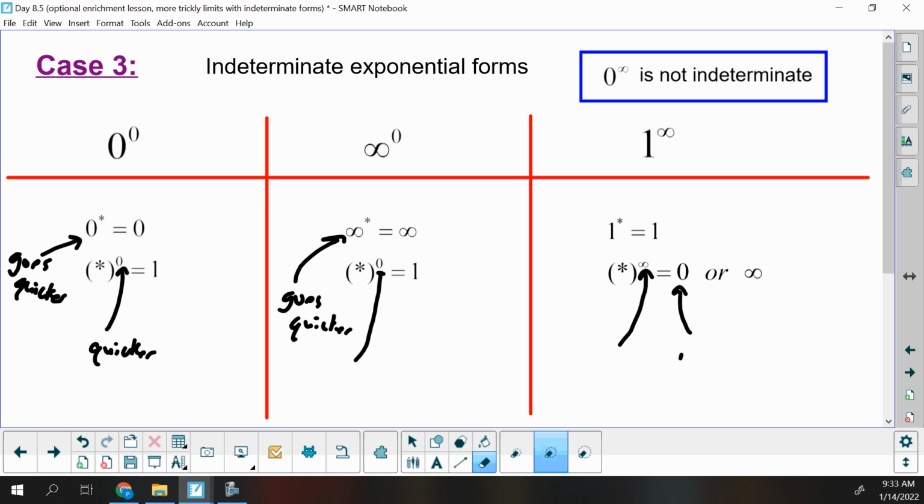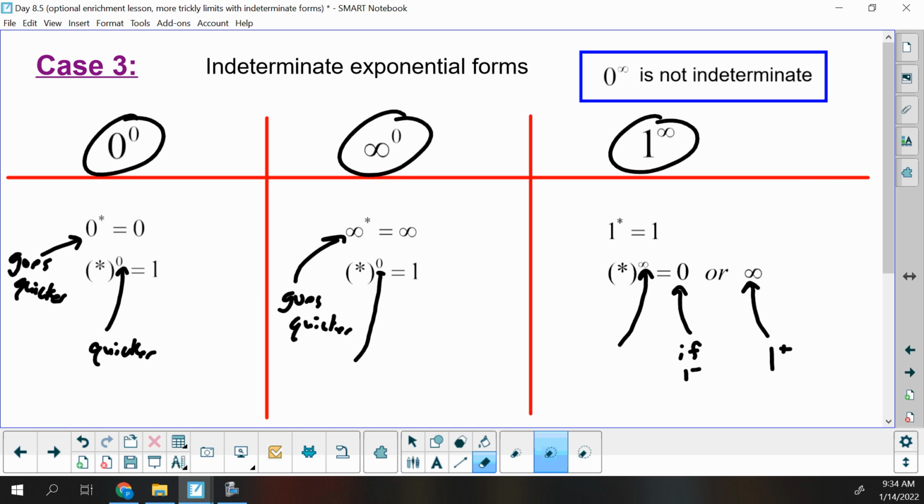So this would be if 1 from the left. But if you're on the right side of 1, so a little bit bigger, but the exponent has the power, that's going to make it blow up. So that would be 1 from the right. So that's just to kind of walk you through why those are indeterminate. You won't have to know that on a problem. You'll just have to know that these three are indeterminate exponential forms.